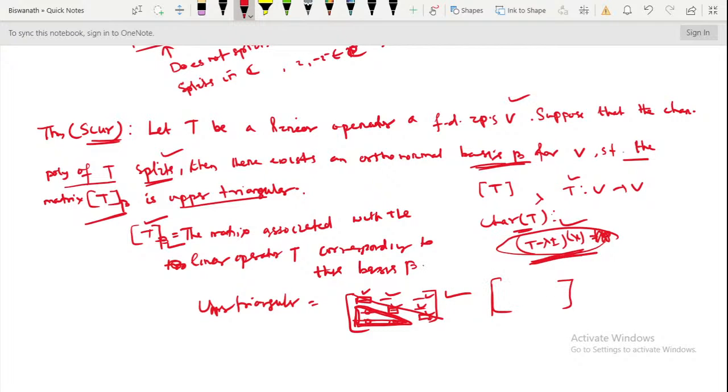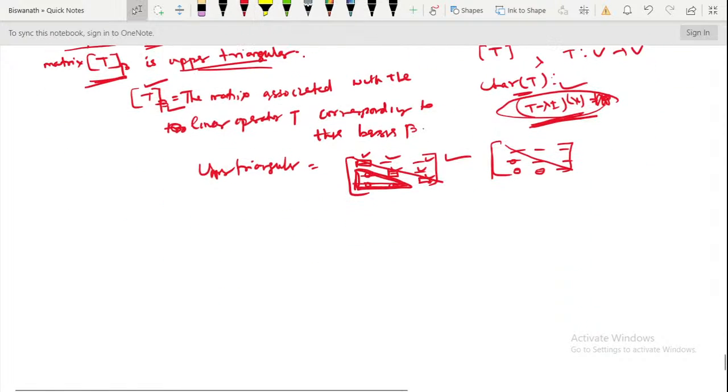That means in a 3 cross 3 matrix, these 3 elements below the main diagonal are 0. So whatever matrix T_beta you get, it is an upper triangular matrix. I will not go to prove it, but you will use this. So we just understood what the statement is saying.